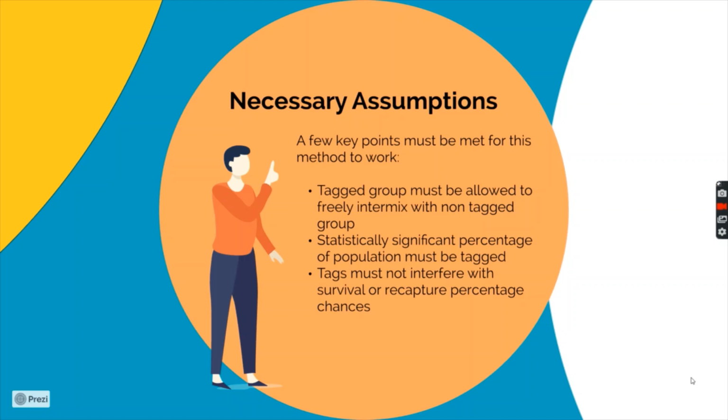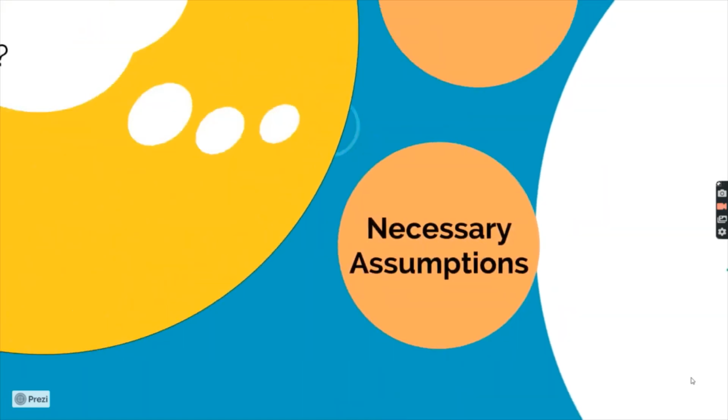And the tags must not interfere with the survival or recapture chances. So say if we capture a group of sheep and we put bells on them, if they all get hunted because of the tags that we use, then it would not be a fair representation of the population size that we get later on.